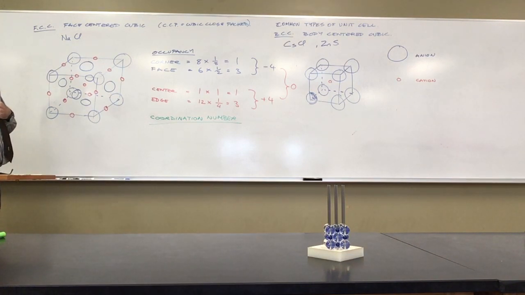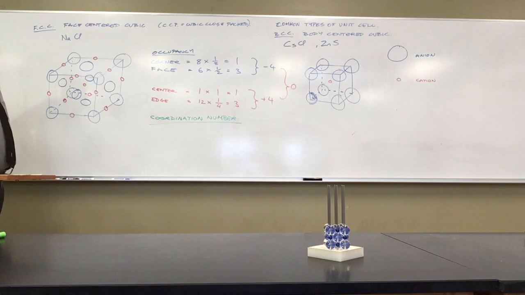No, pick the one in the center. So look at the one in the center. That's a sodium at the center, how many chlorides are surrounding it? 14? Closest neighbors. Maybe I didn't say that completely correctly. Closest. Remember, this is a repeating infinite structure. If I counted all of the chlorides that are in it, there would be an infinite number of chlorides.